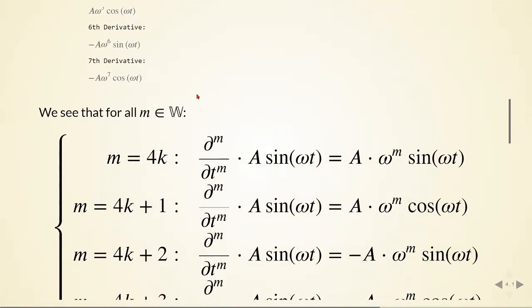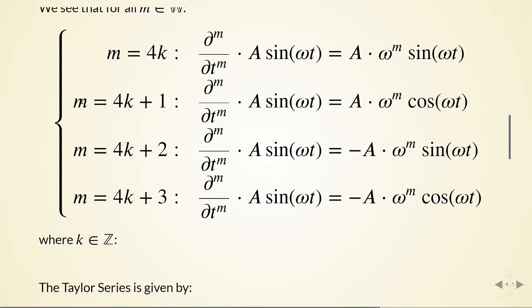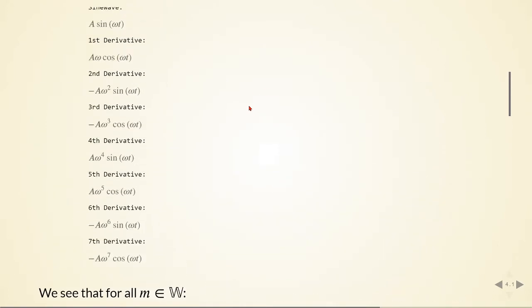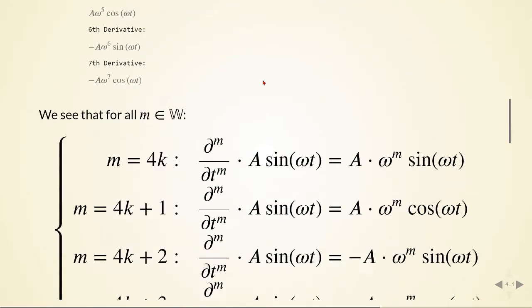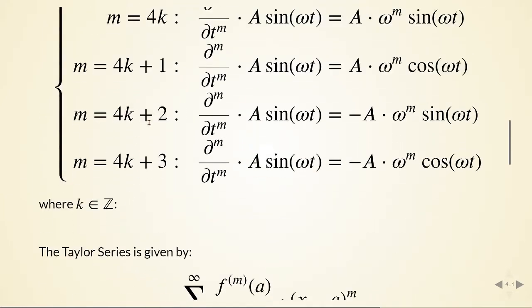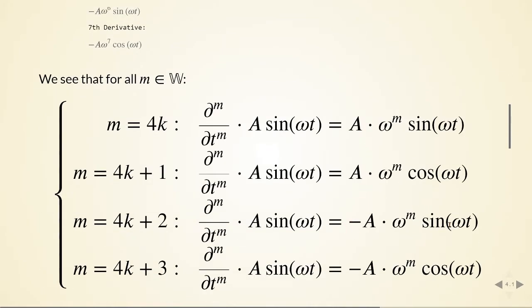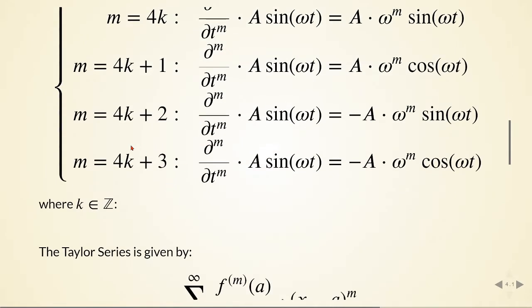Then k is equal to 0, but m is equal to 1, and we have the first derivative, omega to the power of m, and this is the cosine, and this is exactly what we have here. Then k is still 0, but m now is 2, and then we will have the second derivative, omega to the power of 2, and we have minus sine.